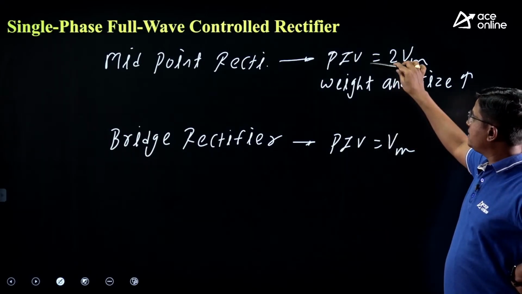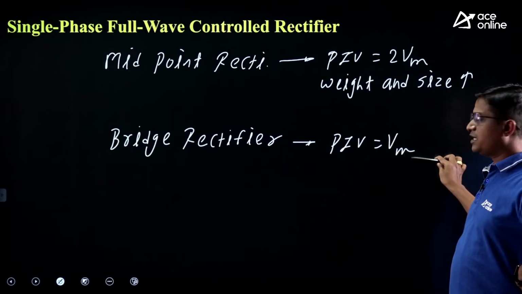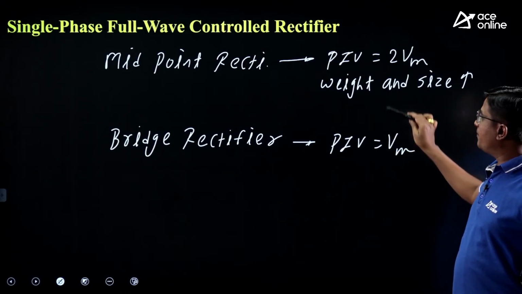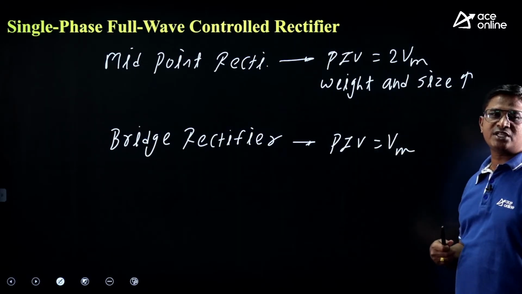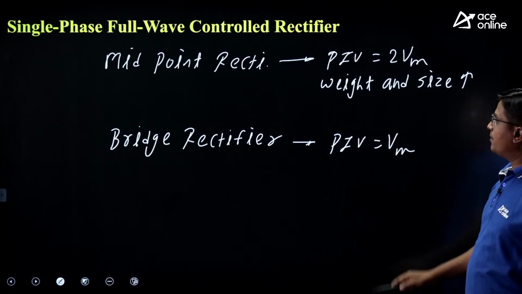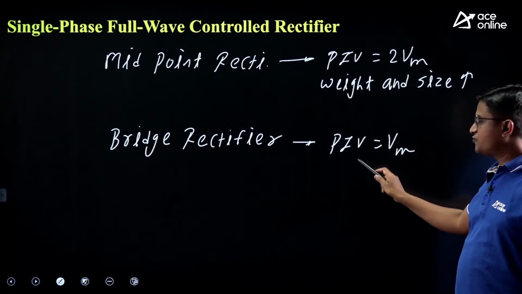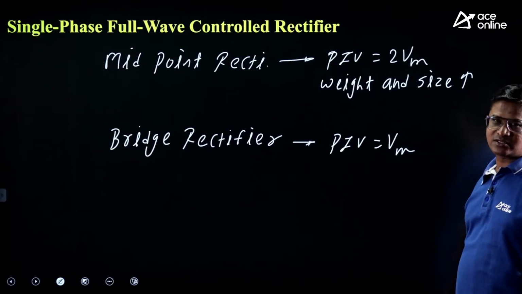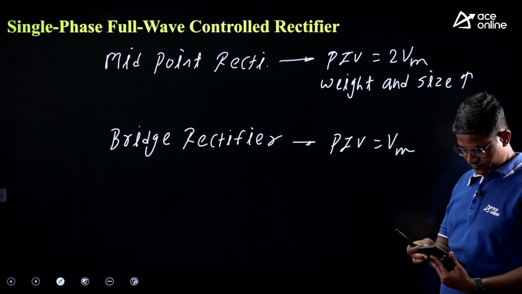Now tell me, here peak inverse voltage rating is 2 Vmax, here peak inverse voltage rating is Vmax. If I compare the switches here and switches here, which switches will be more costly? Which switches will be more costly?